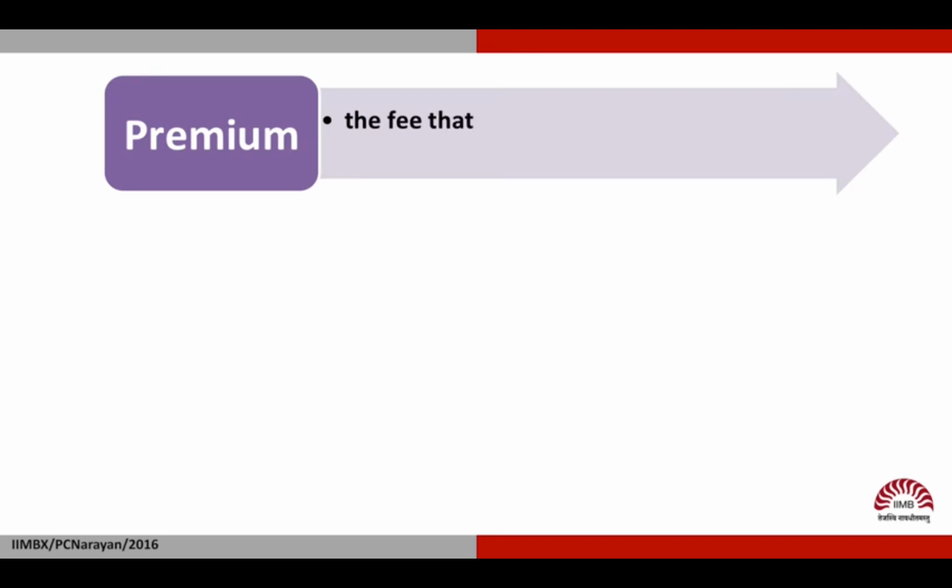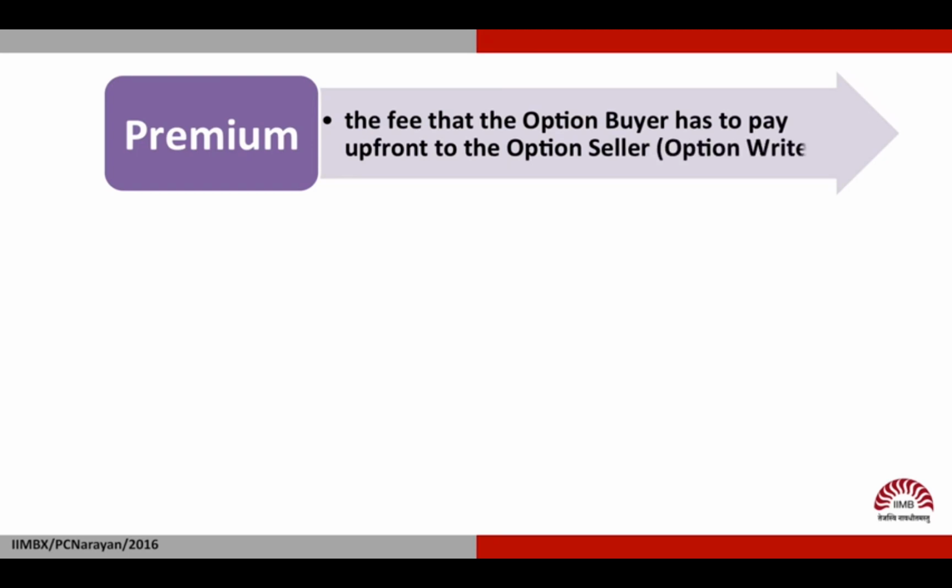Premium is the fee that the option buyer has to pay upfront to the option seller, also called the option writer, to enable him to have the right but not the obligation to buy or sell the currency at the strike price. Should the option not be exercised until the maturity date, the loss to the option buyer is the premium amount which he has already paid.